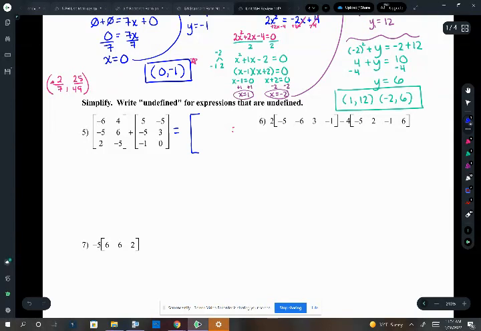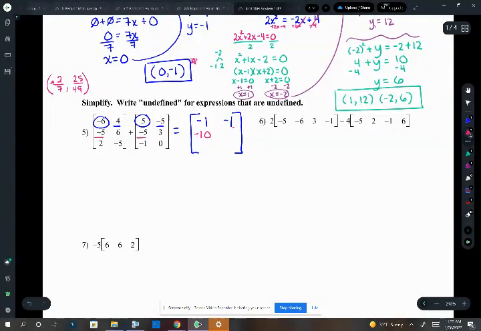All right, and we're going to just go negative 6 plus 5 is negative 1. 4 plus negative 5 is negative 1. Okay, and notice that those are both going in that top row. Then we do the next row, and we're going to go negative 5 plus negative 5 is negative 10.